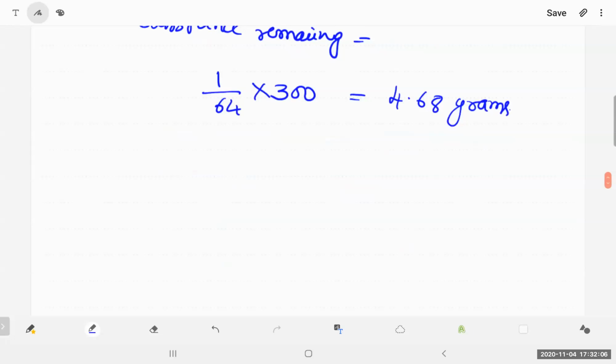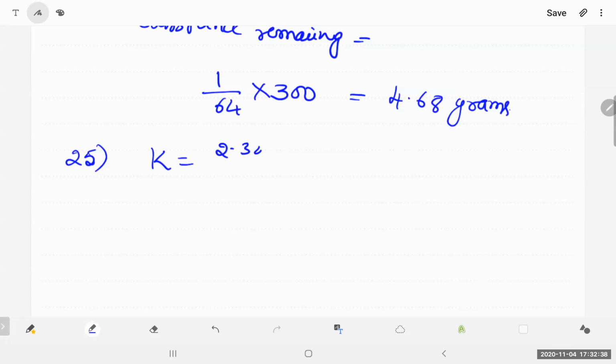Then question number 25. 75% of a first order process is completed in 30 minutes. The time required for 93.75% completion of the same process, in hours. They have given time in minutes here, 30 minutes, but they are asking the completion of 93.75% reaction in hours. So what is the formula?